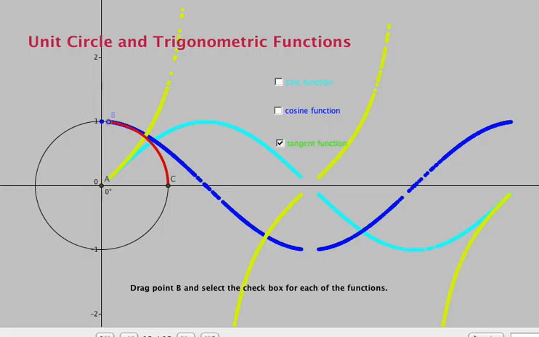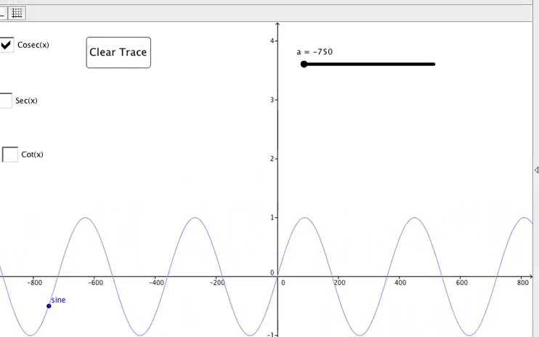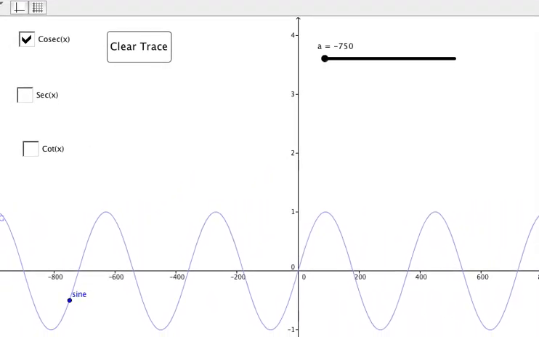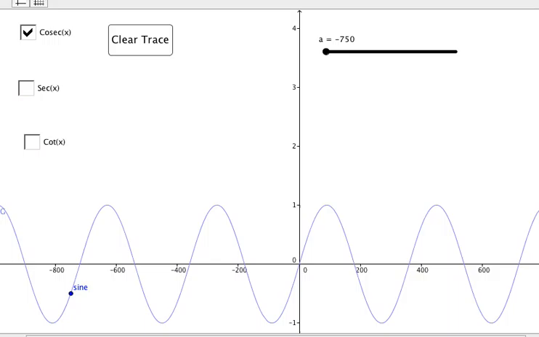So what about our reciprocal functions? We'll have a quick look at those as well. So here we have cosec, which you know is the reciprocal of sine. So this is what our sine graph looks like. It's kept repeating itself, where we've got from negative 900 all the way up to positive 800 here.